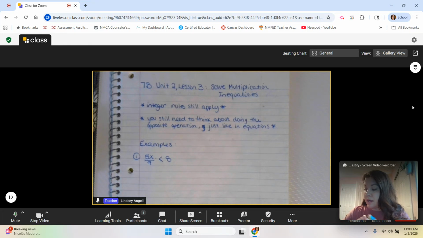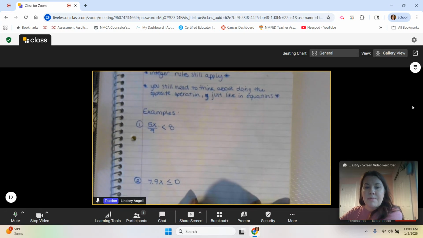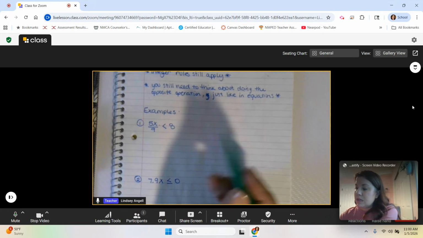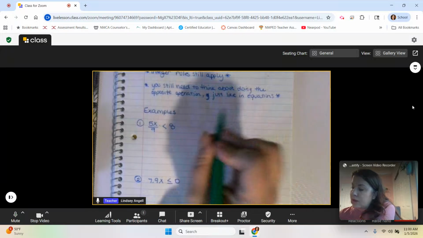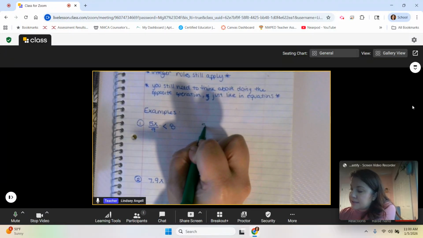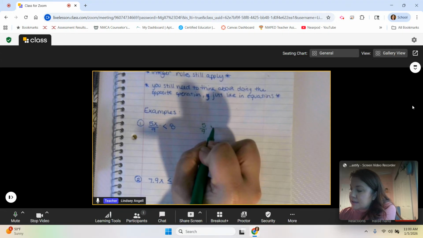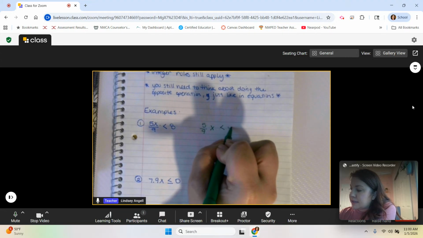So this first one, the way it's written, it almost looks like it could be a two-step equation, okay? And you can treat it like that if you want to. With this one, it says 5x over 9 is less than 8. But with that, we could rewrite this to say 5/9 times x is less than 8.